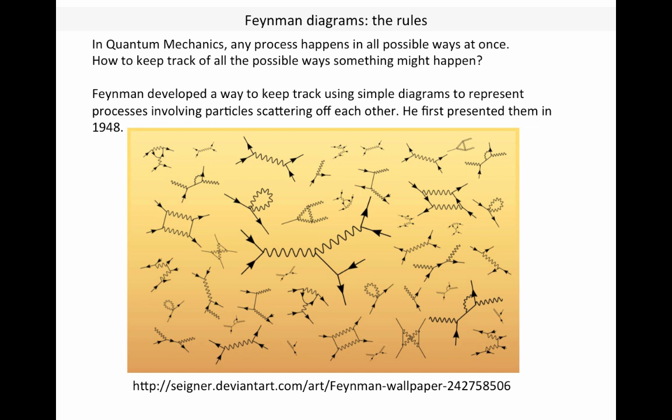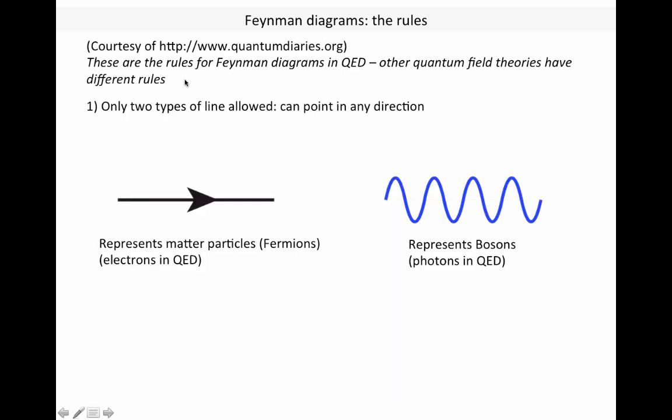fundamental forces of nature. So these are the rules for Feynman diagrams in quantum electrodynamics, the quantum field theory that tells us how electrons and photons interact. In other words, how electromagnetic fields interact with matter. Other quantum field theories that describe the other forces of nature tend to have slightly different rules, but they're pretty similar.